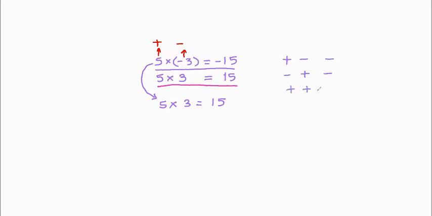Plus plus results in plus, and minus minus results in plus. Now we have signs plus and minus, different signs, so they are going to result in a minus sign. So 5 into minus 3 becomes minus 15.